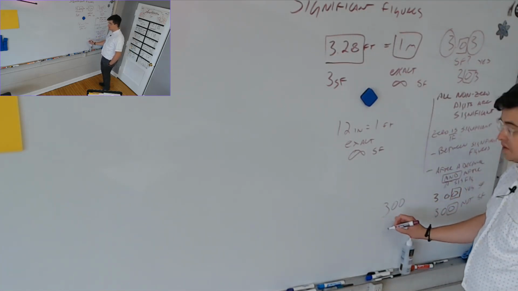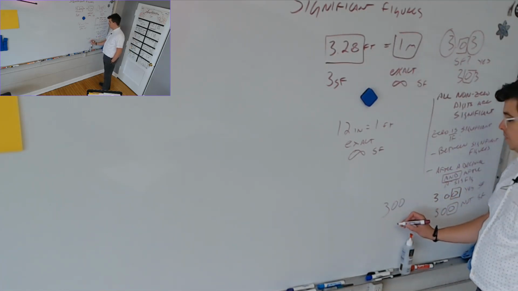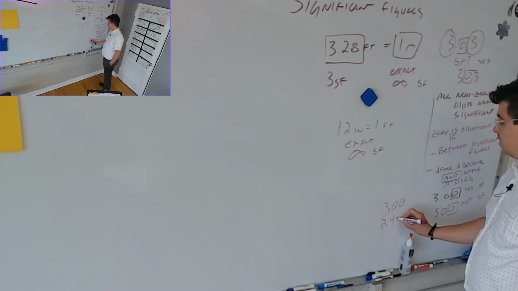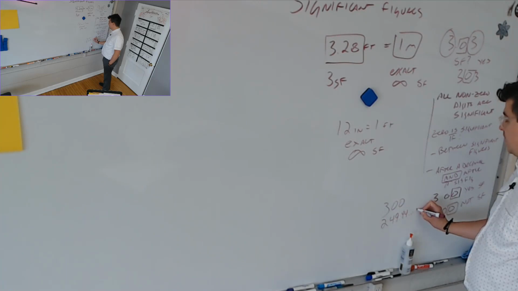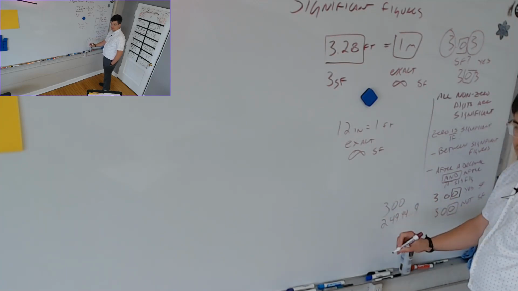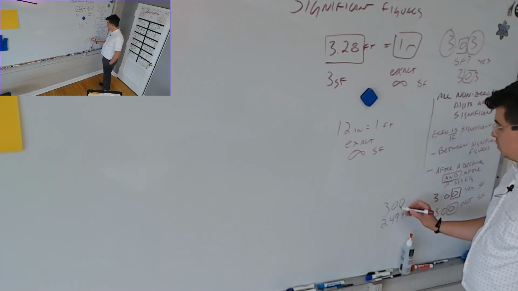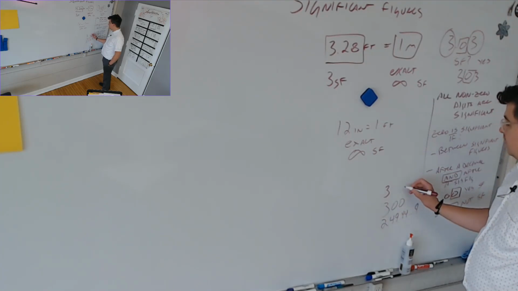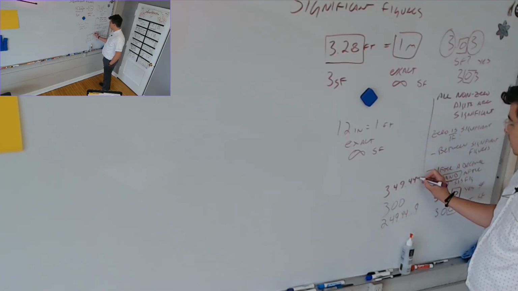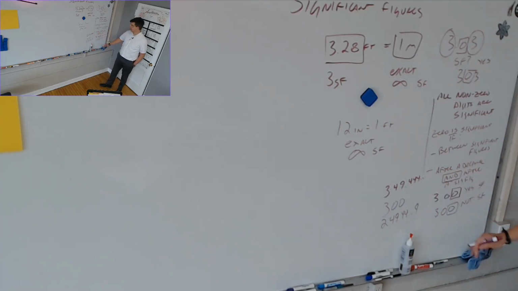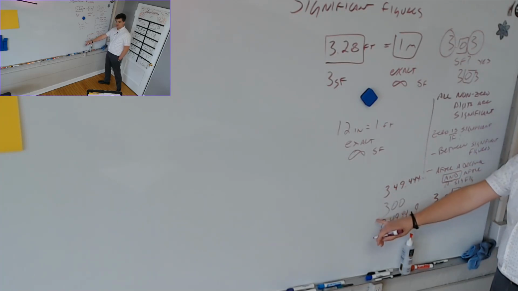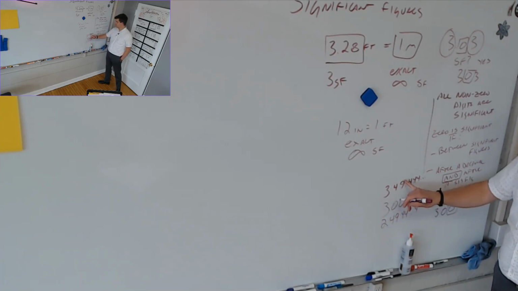So what does that mean? The actual value could be anything from 249.444 repeating 9, because that would round everything up, to 349.444 repeating, or just 444 repeating.